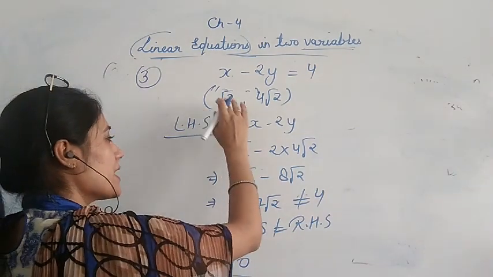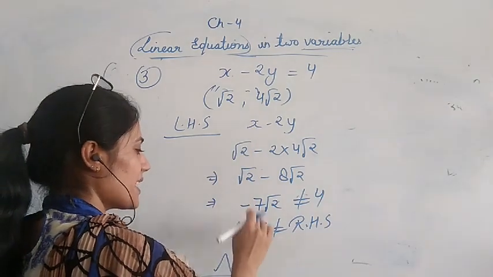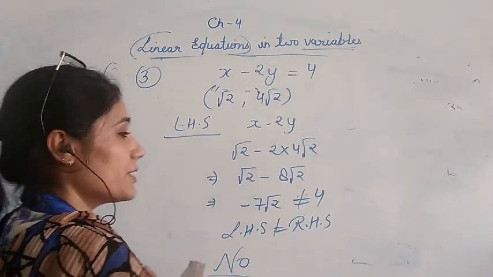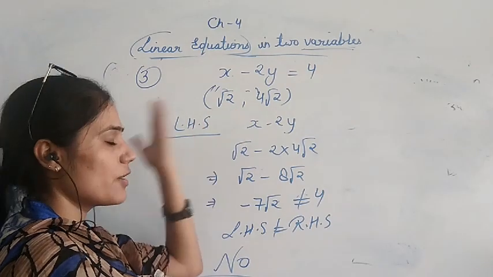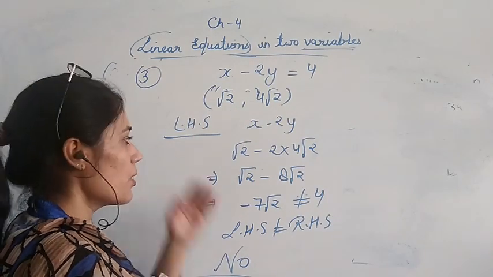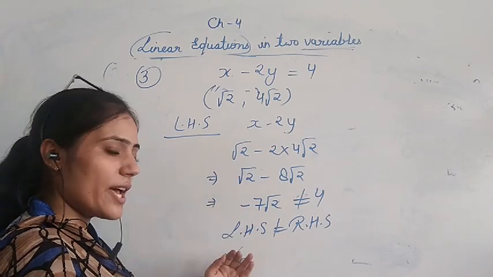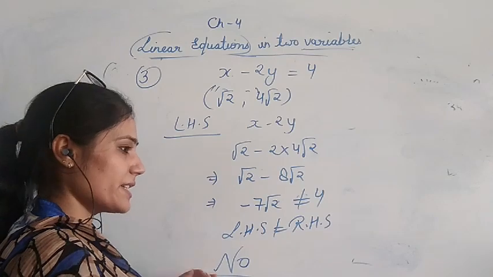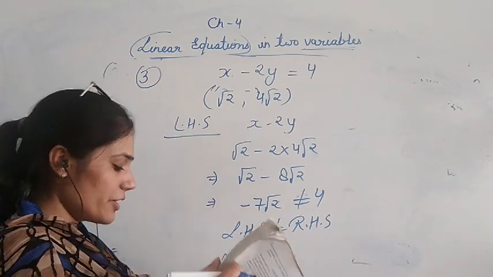It means if this is the solution, it is a must that LHS will be equal to the RHS. So these are the points on how to check whether these are solutions of the equation, yes or no, by putting the values. If LHS is equal to RHS, then only yes it is a solution, otherwise no, it is not a solution.